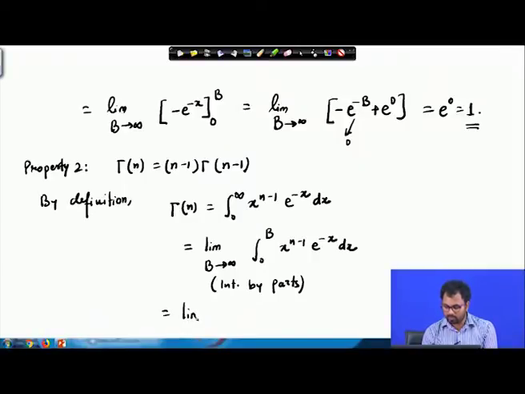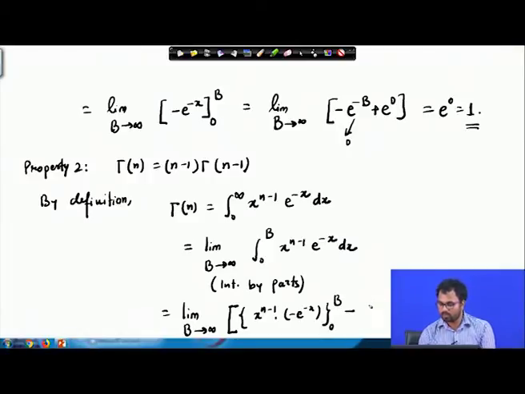We will have the limit b goes to infinity of x to the power n minus 1 times minus e to the power minus x, from 0 to b, minus n minus 1 times the integral of x to the power n minus 2 times minus e to the power minus x dx.